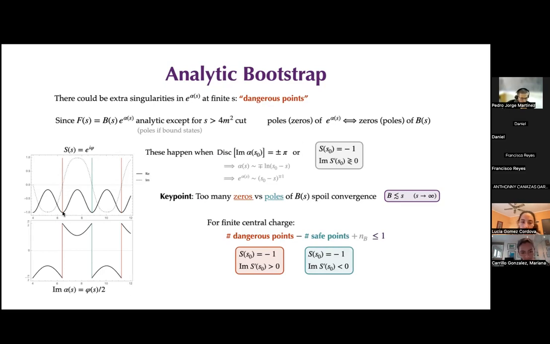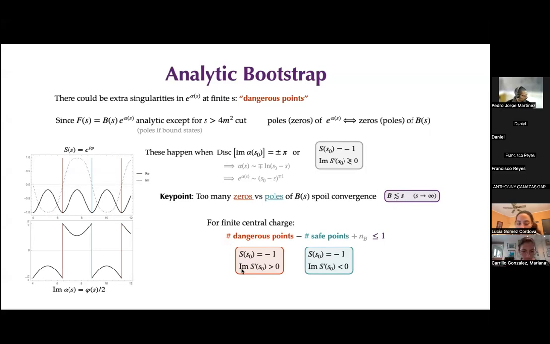Why? Because this gives rise to a discontinuity in this alpha function, which gives a 0 or a pole in B. And if you put too many zeros versus poles in this freedom of the function B, you basically can spoil the convergence of the integral because you're not satisfying this condition.